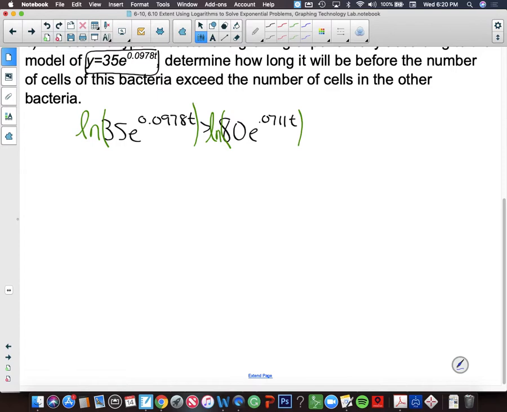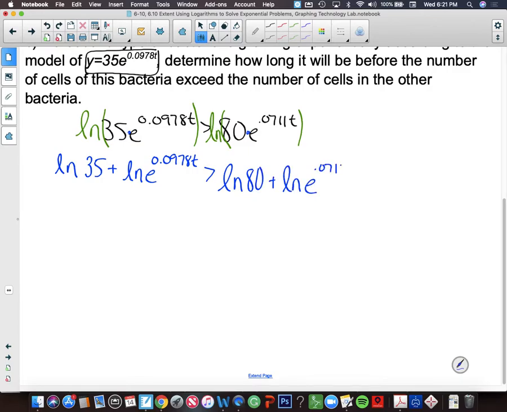We have a 35 times an e on the inside here and an 80 times an e here, so we can split it up with addition. So we have natural log of 35 plus natural log of e to the 0.0978t greater than natural log of 80 plus natural log of e to the 0.0711t.